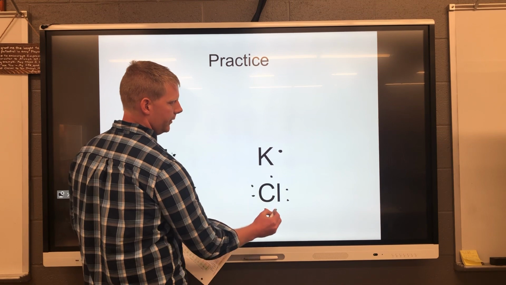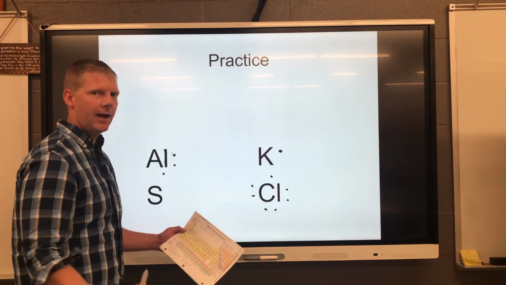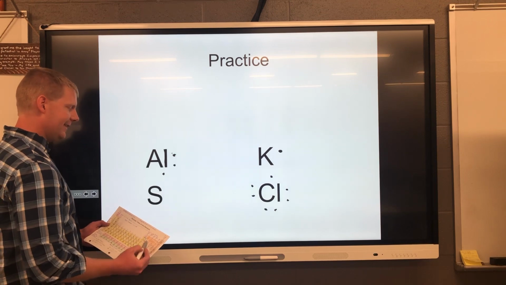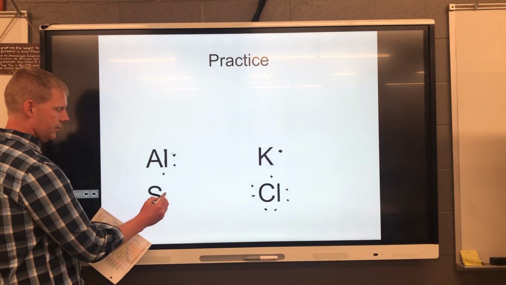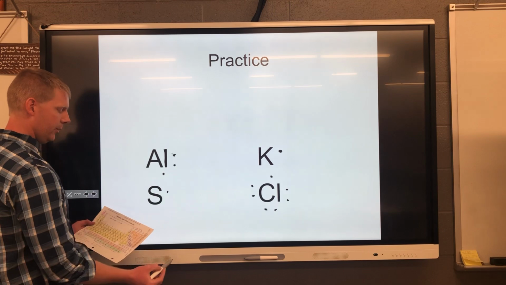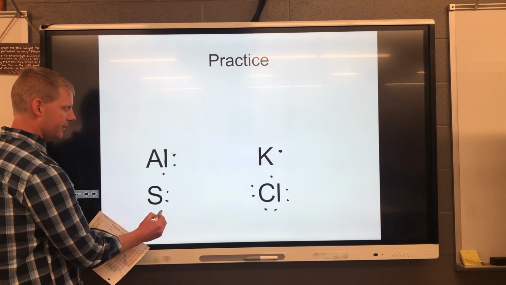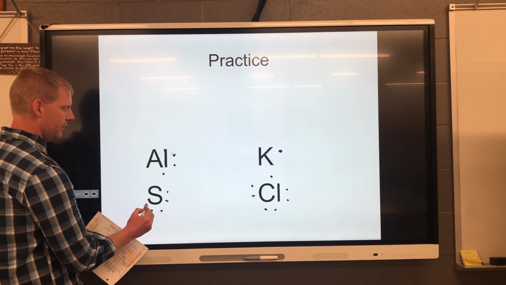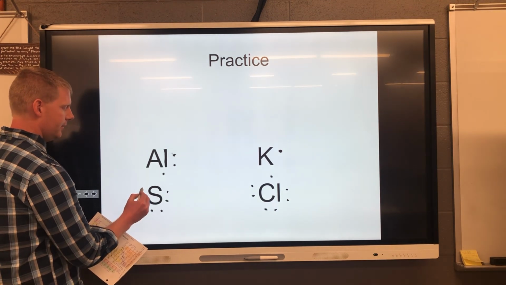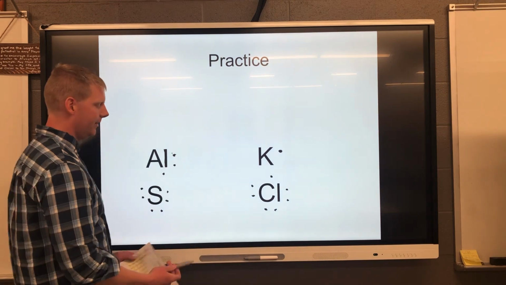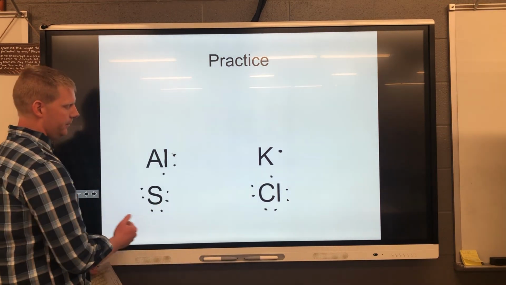So 1, 2, 3, 4, 5, 6, 7, in its outermost energy level. Sulfur, atomic number 16. It's found in group 16, so it's going to have 6 valence electrons. So it's very easy. You just have to look at what group it's in, and that tells you the number of valence electrons.